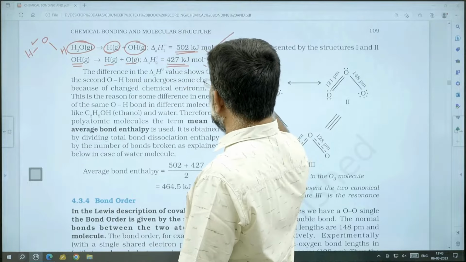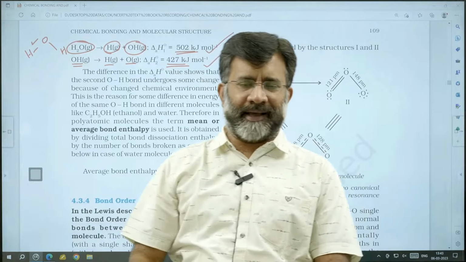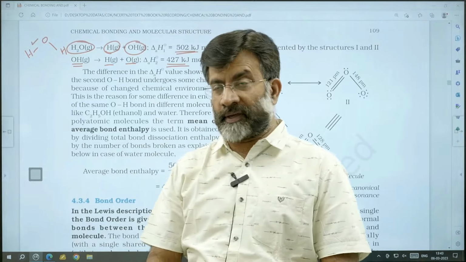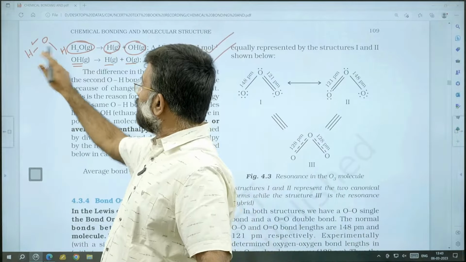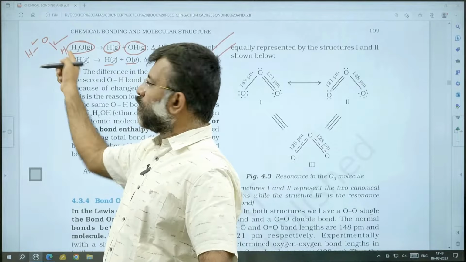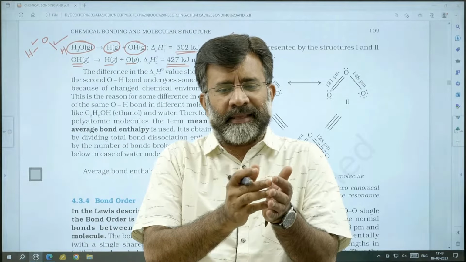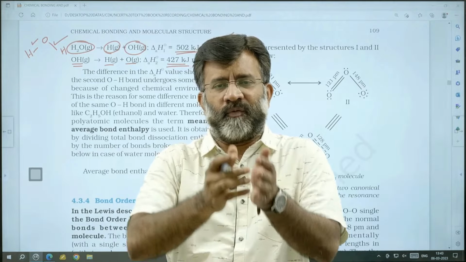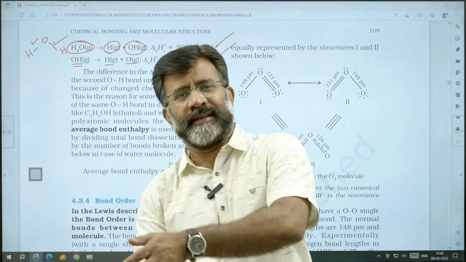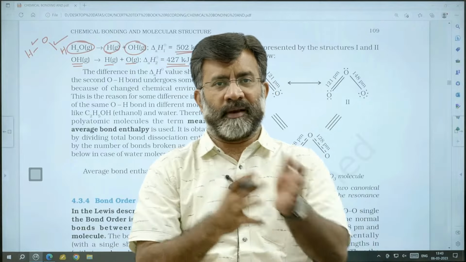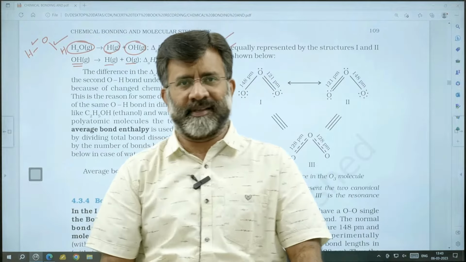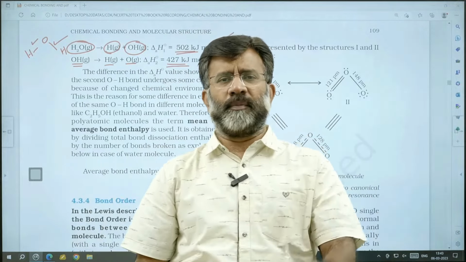There are two bond dissociation enthalpies. As all of you are aware, there are two hydrogen oxygen bonds. The value for the two bonds will not be the same because they are breaking not simultaneously. One is broken and then the next is broken. When one is broken, the characteristic of the system changes. So naturally, the value will be different.